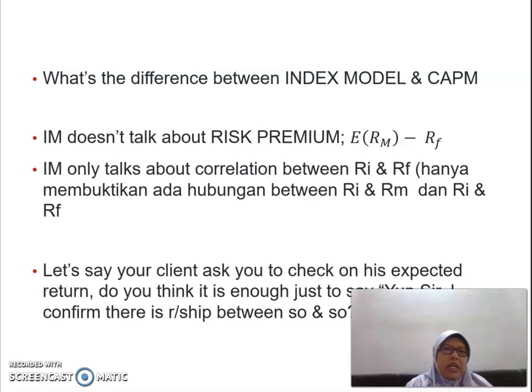Let's say your client Tina just now asked you to check on his expected return. Do you think it is enough to say, yes sir, I confirm there is a relation between so and so? Our investors do not want to know that. Investors know there is a relationship, but they want to know, I take extra risk, so what is my expected return compensated for that extra risk?